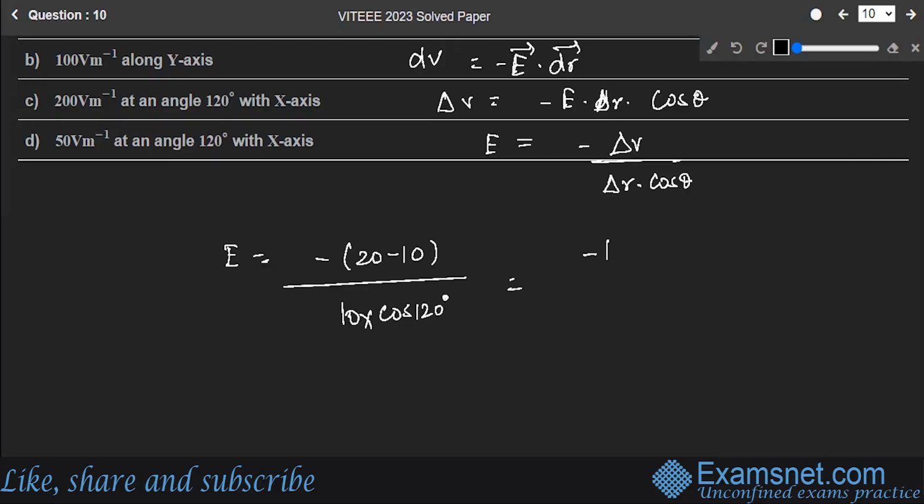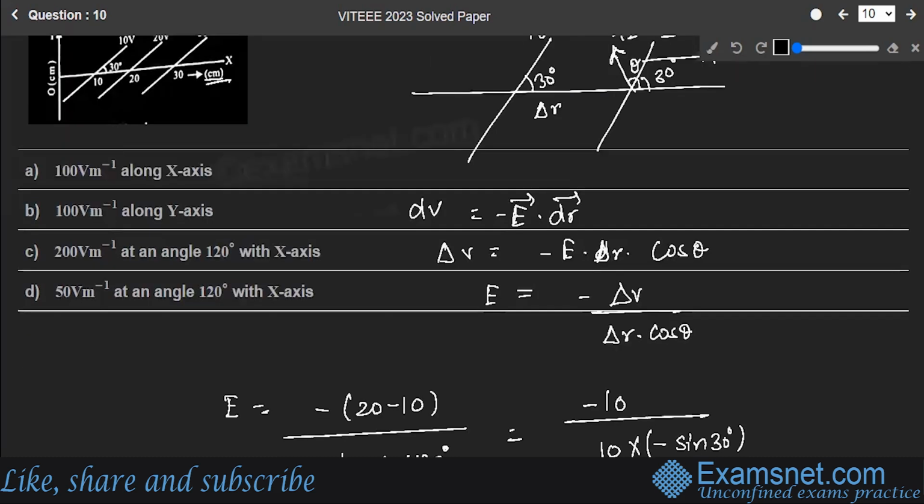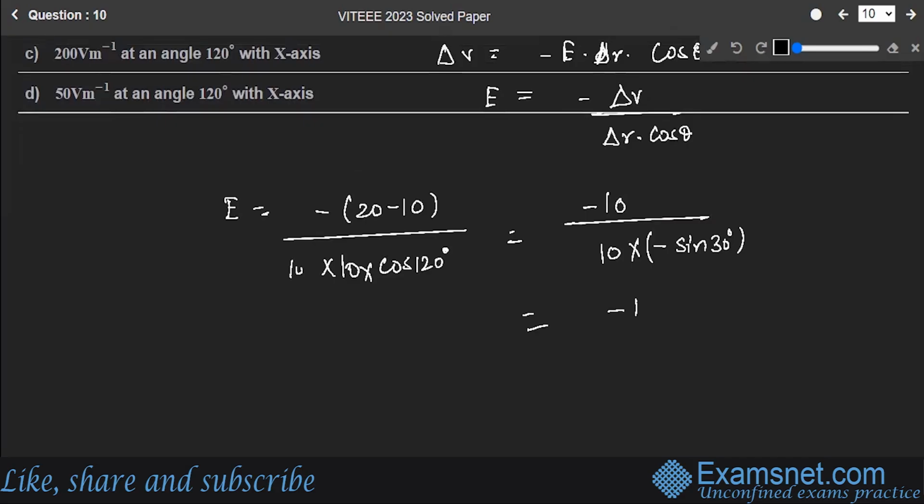This is equal to minus 10 upon 10 cos 120, which can be written as minus of sine 30 degree. One more thing, I'll be converting because this was in centimeters. I have to do the conversion. This will be multiplied by 10 power minus 2.